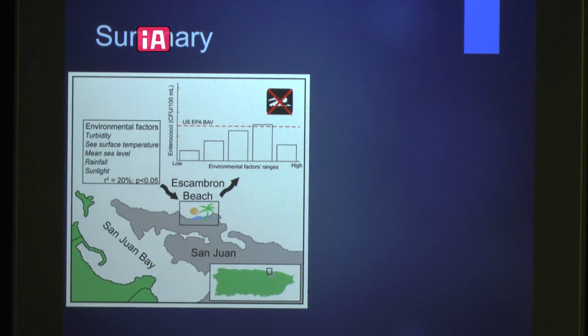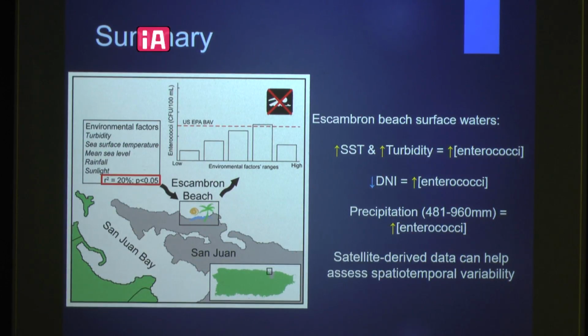As a summary for this part of the dissertation, all I did was look into specific environmental factors, put them into a multiple linear regression model, and just environmental variables were able to explain 20% of the variability. Also, by separating this into individual ranges, it was found that for Escambron Beach, warmer waters and more turbid waters led to high concentration of enterococci.